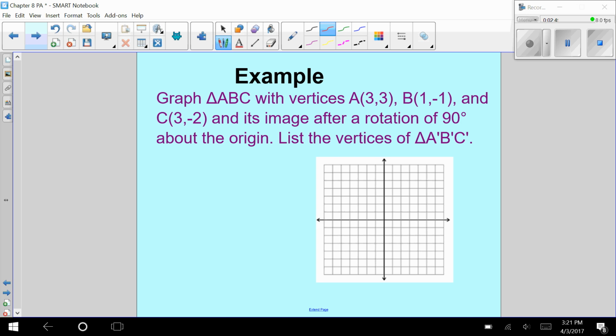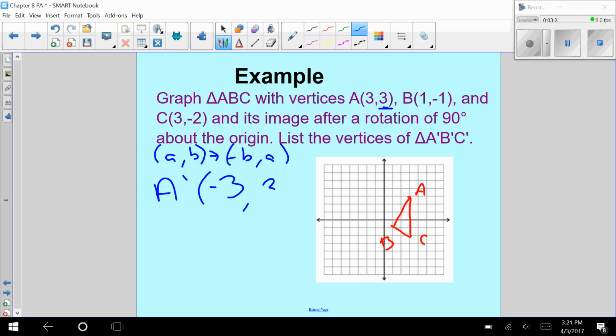Let's try this. We're going to graph this triangle and its image after a rotation of 90 degrees. So let's start by graphing our original one. (3, 3) is point A, (3, -2) is C, and (1, -1) is B. So there's my original triangle. Now for my image, my rule says for 90 degrees that (A, B) becomes (-B, A). So A prime: this 3 becomes its opposite and moves to the front, and the other stays the same.